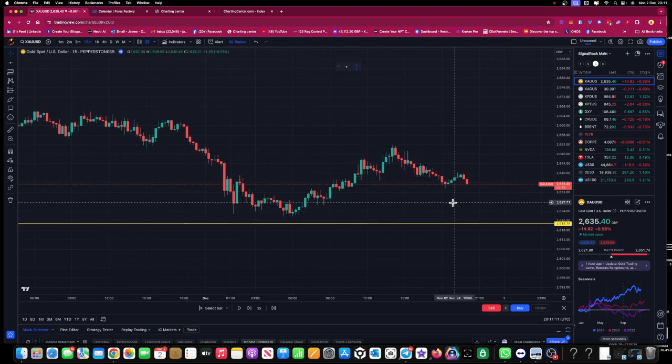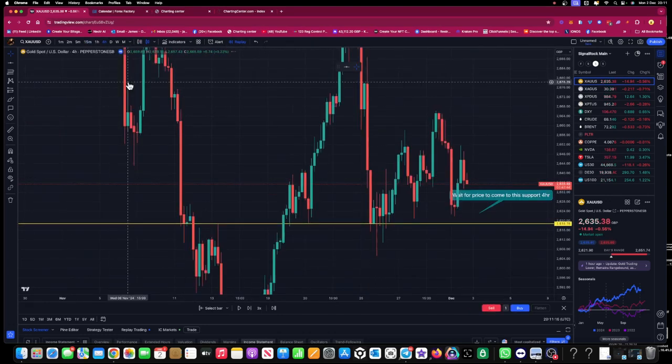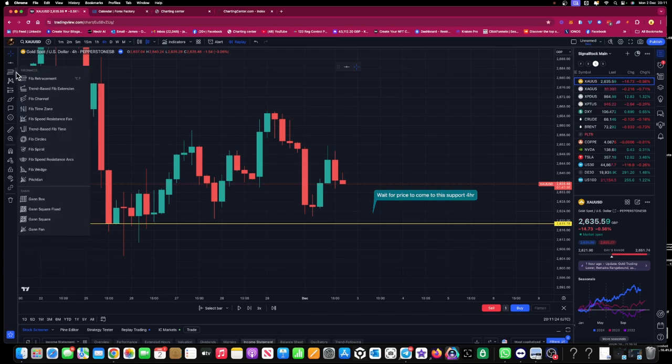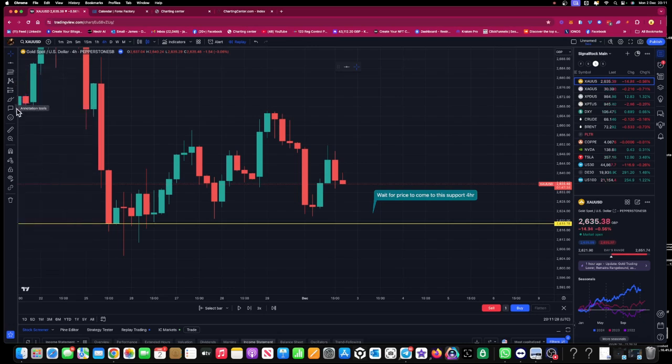Now it looks like it might come back down here. So really, could do a fib retracement. I think really we're just going to put a little box in here actually initially. So let's say that box is around that area there.